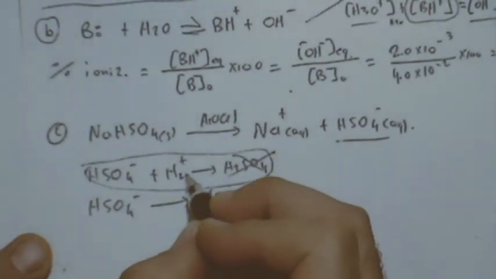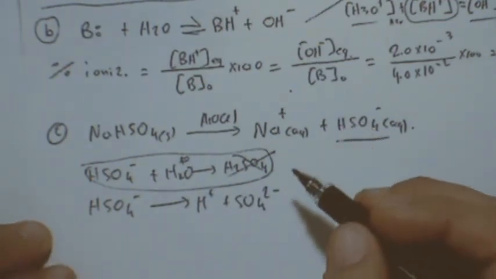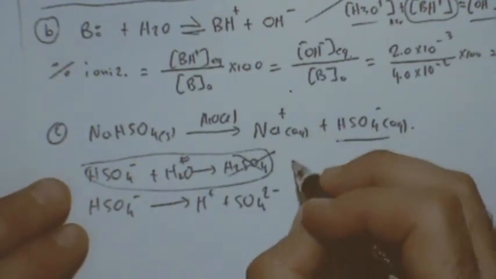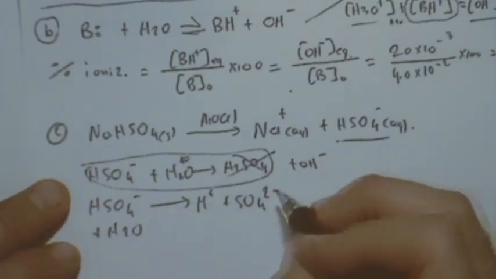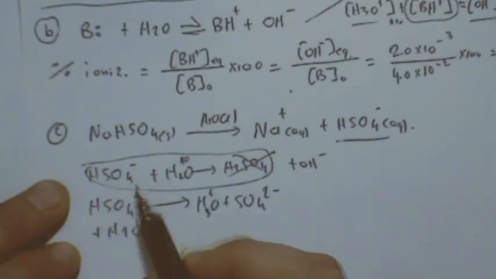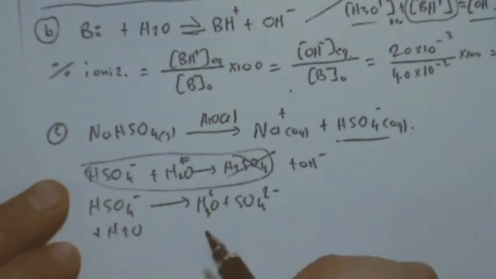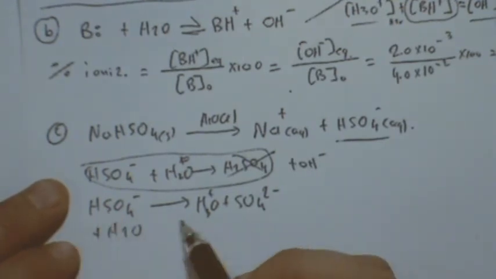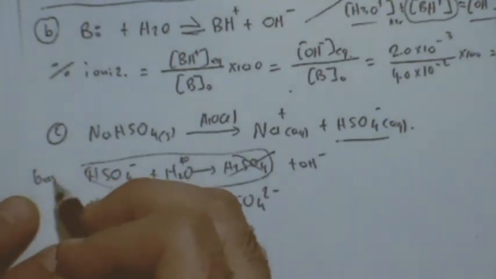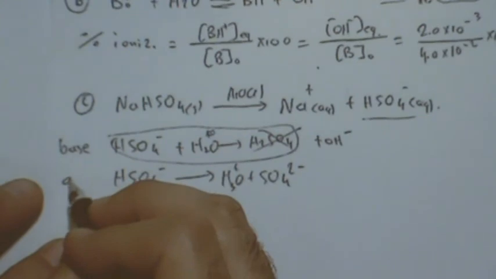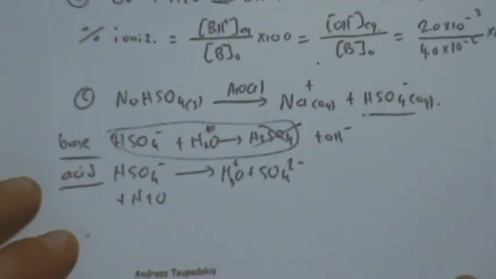Sorry, I should have put it like this. To make it really right, we should do it like this. Okay? This one reacts with water, right? And creates hydrogen ions. Okay? So hydrogen sulfate can react with water. In one case it reacts as a base, and here it's acting as an acid. Right? You see that? Sorry for my mess here.